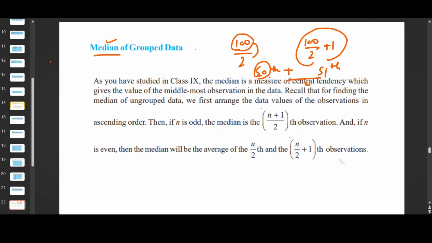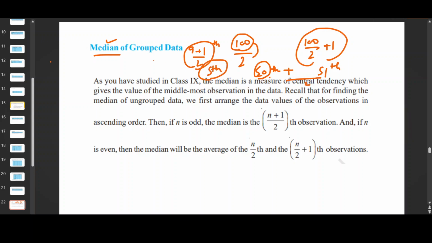Now for odd values, suppose that 9, that will be very simple. Here we will add 1 and divide by 2. That means 9 plus 1 is 10, 10 by 2, then the 5th term.